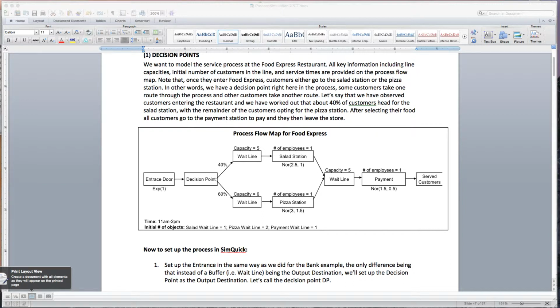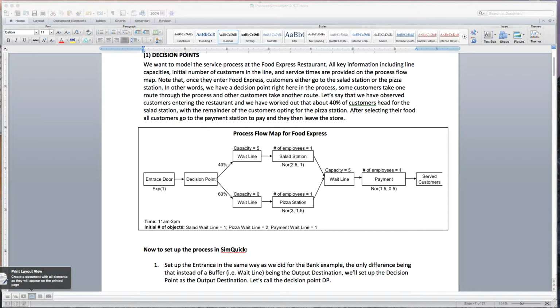In reality, this is the way that many processes work. It's not just everybody in the same door, out the other same door as we had in the bank example, but rather something like you'd see in Cafe Laura, where people can come in and go to whatever counter they want when they come in the door.